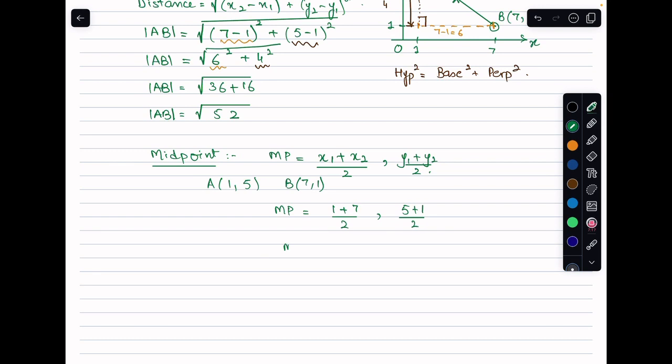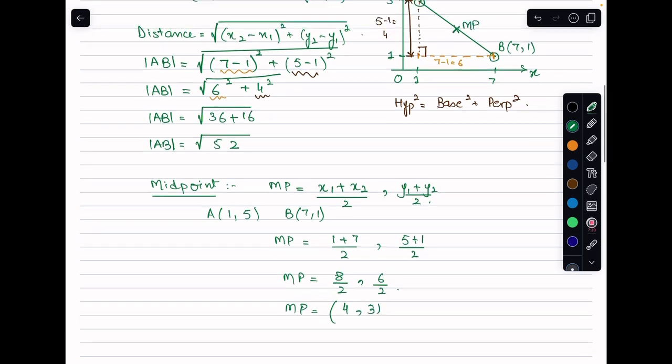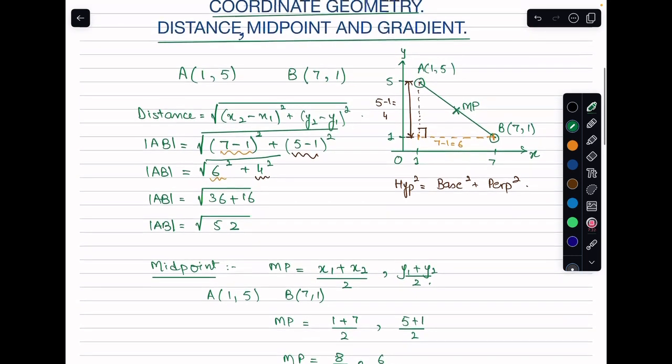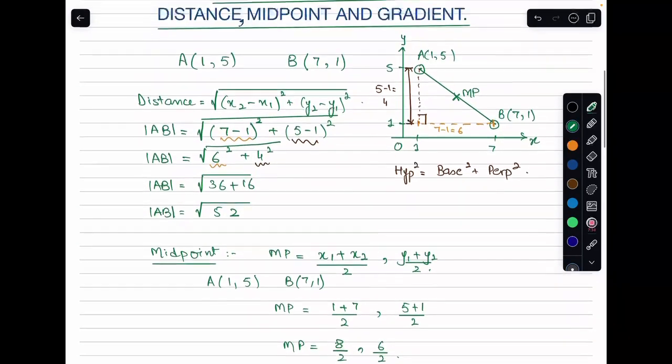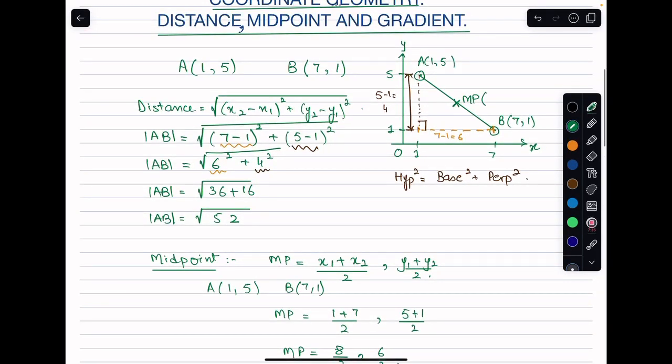So the midpoint will be equal to 8 divided by 2 and 6 divided by 2, giving us the coordinates of the midpoint as (4, 3). So this means that the midpoint for this case A and B is going to be (4, 3) here.